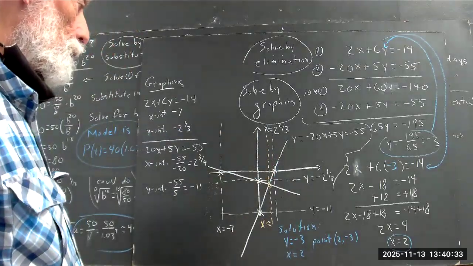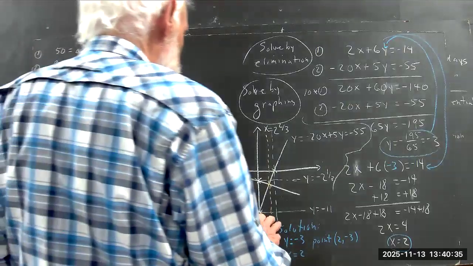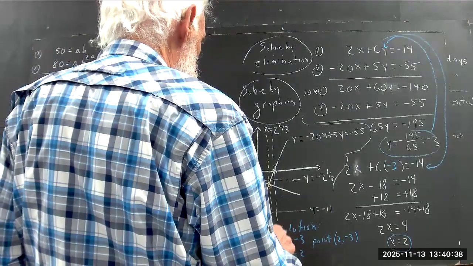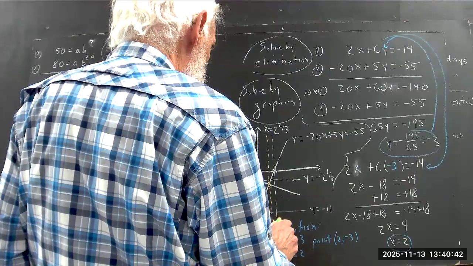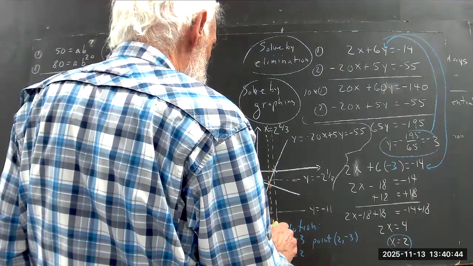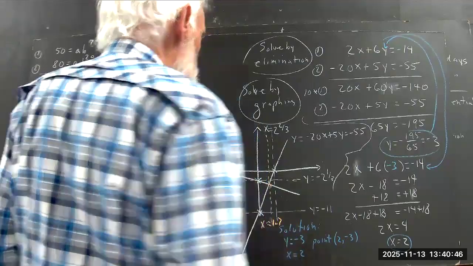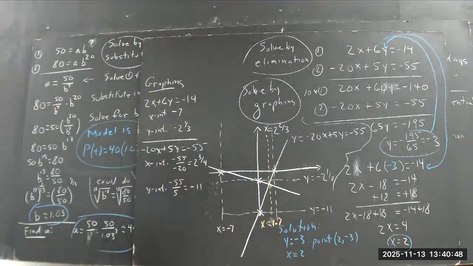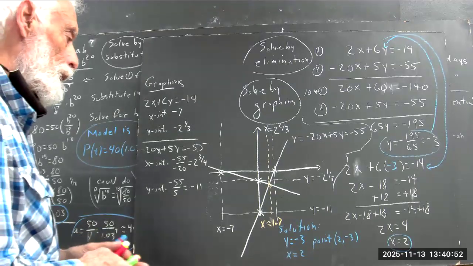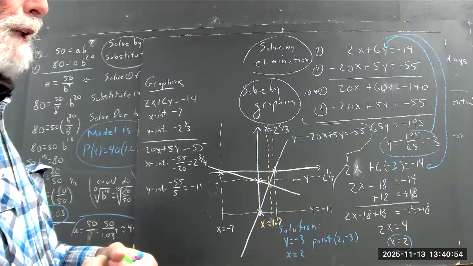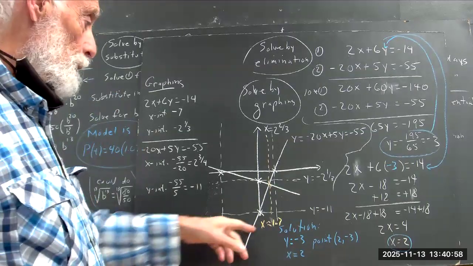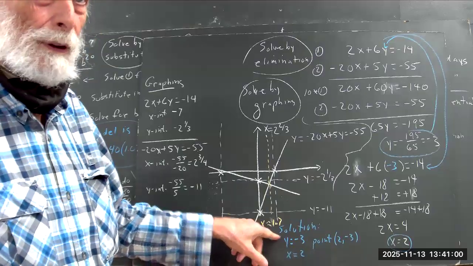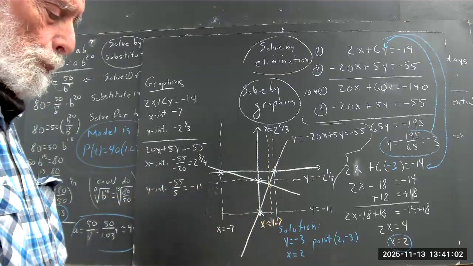I'd say it looks like x is approximately 1.7. Okay. Now, if I wanted to estimate an integer, the integer solution would probably be closer to 2 than 1. So you probably estimate x equals 2.